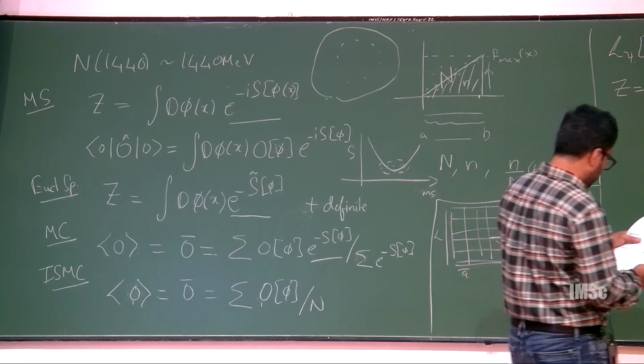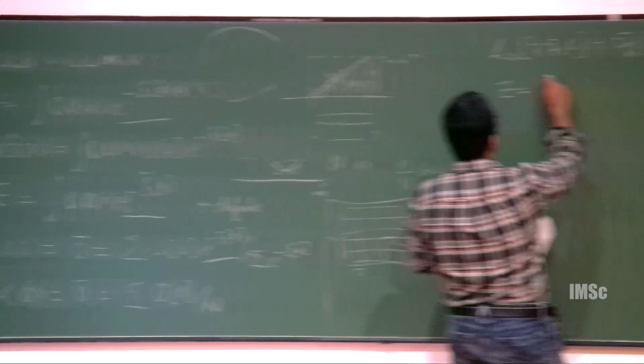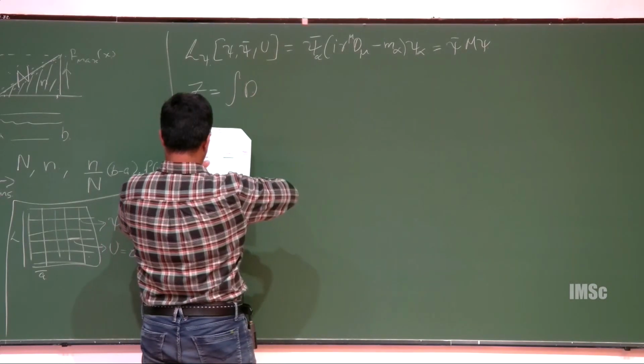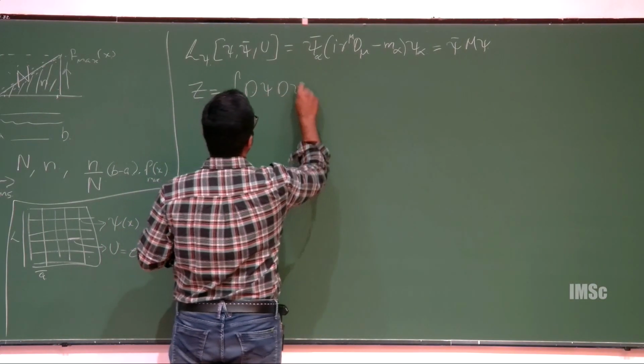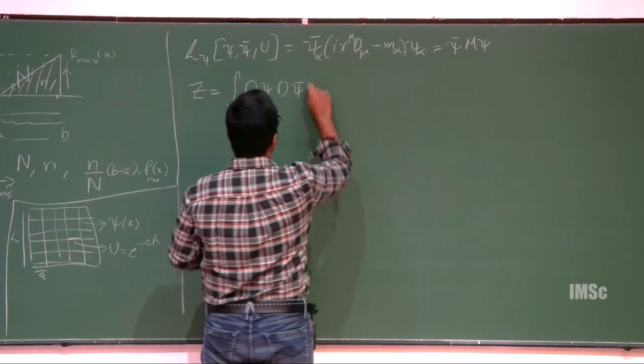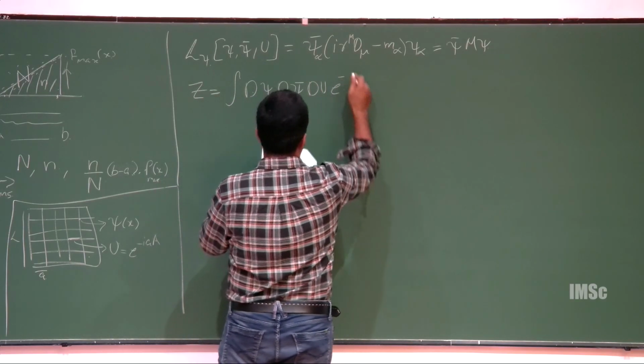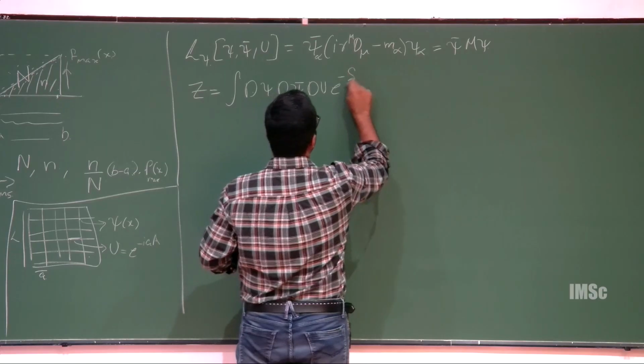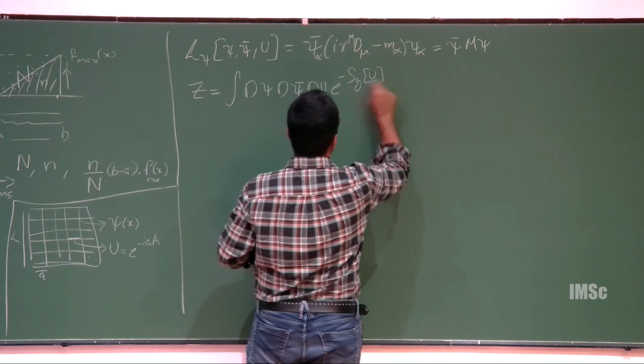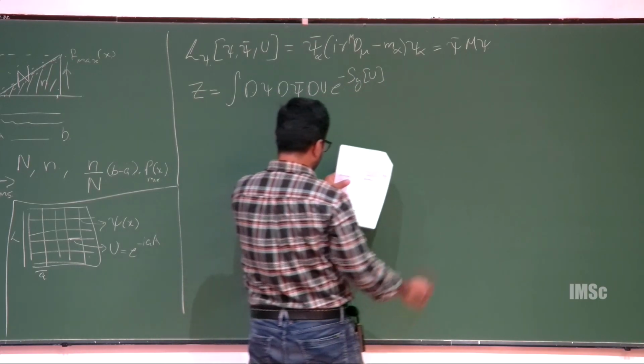Okay, so now I would like to write down the action. This is actually not important, but I am still writing the gauge field part.